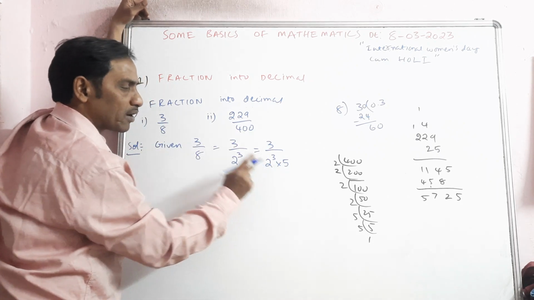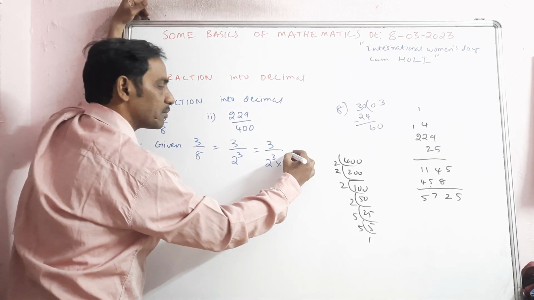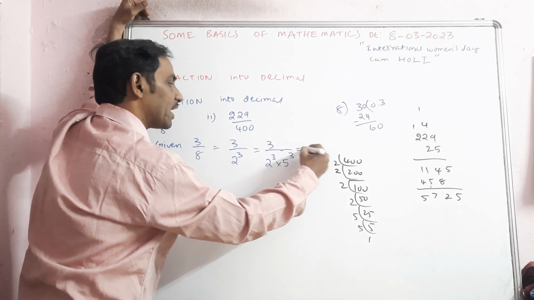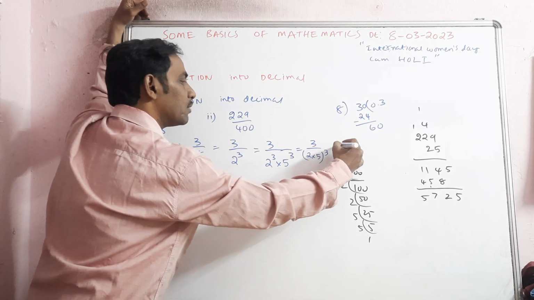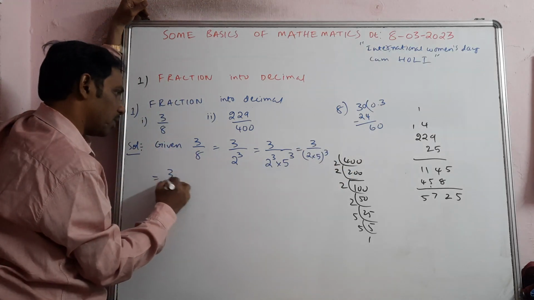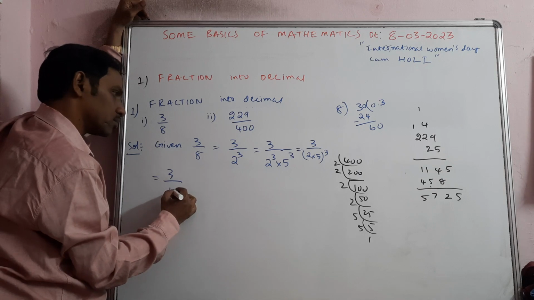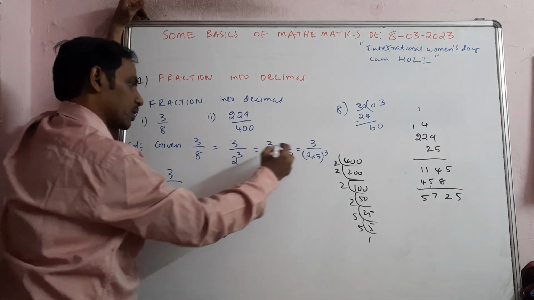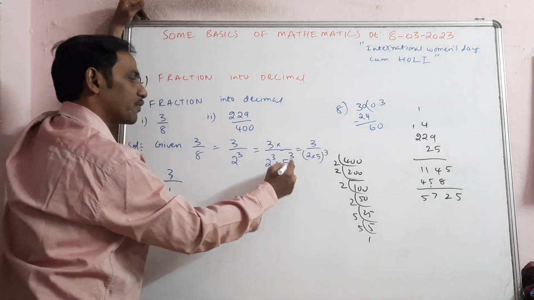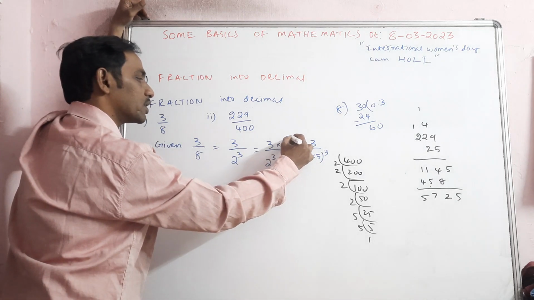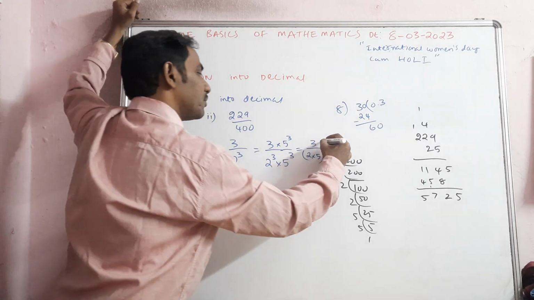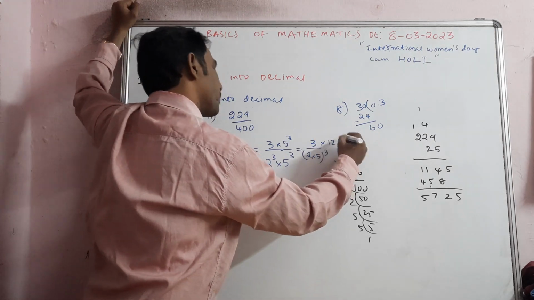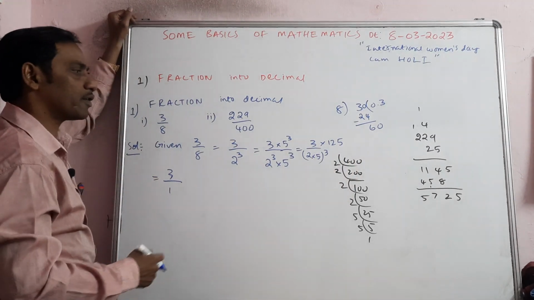The power of 2 is 3, so 5 also you should multiply with power 3, and you will get 3 by 10 into 5 whole cube. Whenever you multiply the denominator with 5 cube, you have to multiply the numerator also with 5 cube. 5 cube is 125.